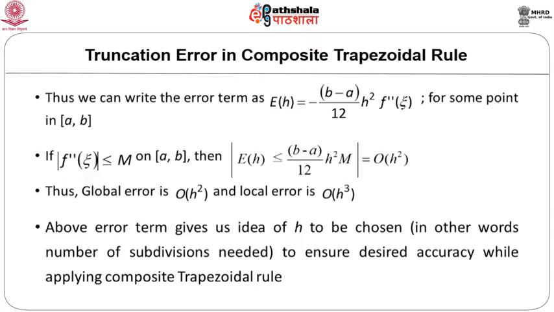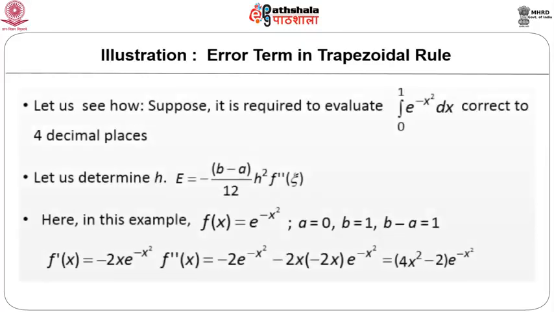So, if we are interested in computing the value of an integral correct to a certain number of decimal places, we can calculate h from this error formula if we can find M, the bound on the second derivative of f on the interval, and we can compute how many subintervals are necessary to apply the composite form. Let us understand this by one simple, very well known example.